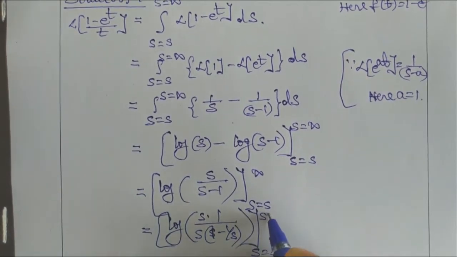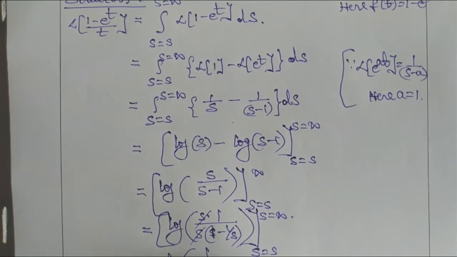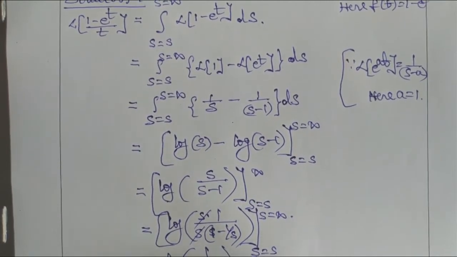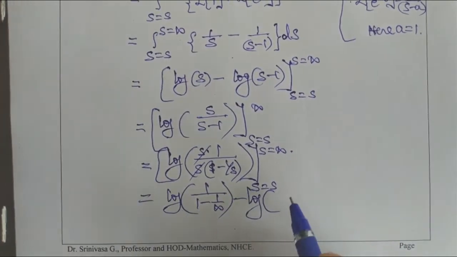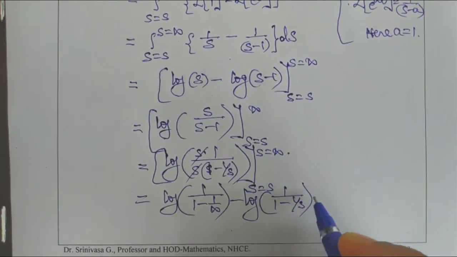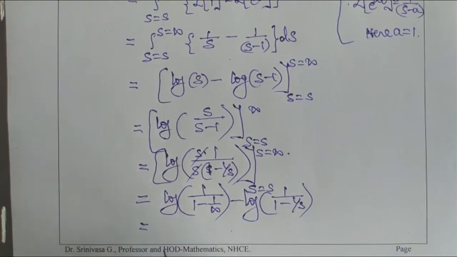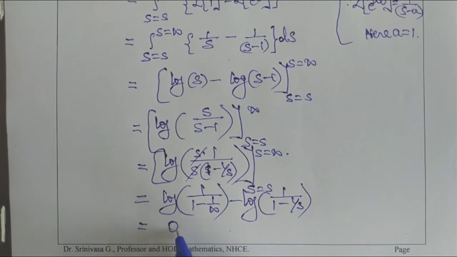Now this s gets cancelled. Apply the upper limit. What happens? Log of 1 divided by 1 minus 1 by infinity, minus log of 1 divided by 1 minus 1 by s. Now 1 by infinity is 0, 1 minus 0 is 1, 1 by 1 is 1, log of 1 is 0.